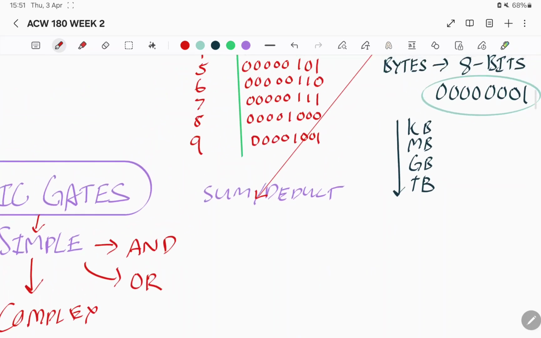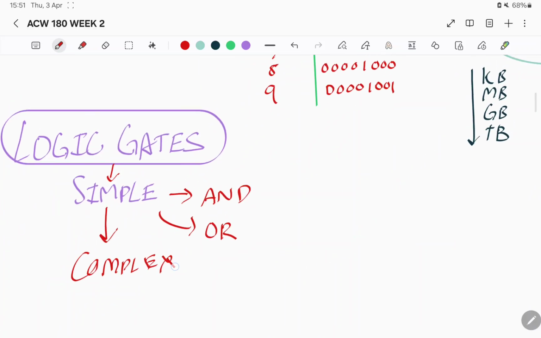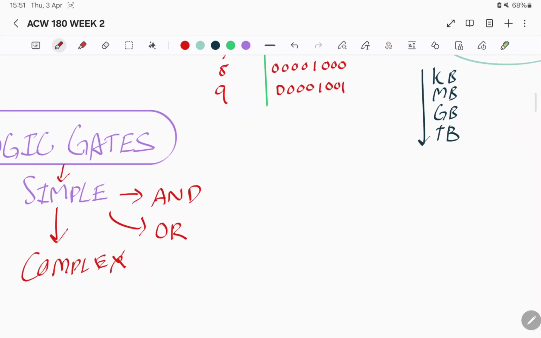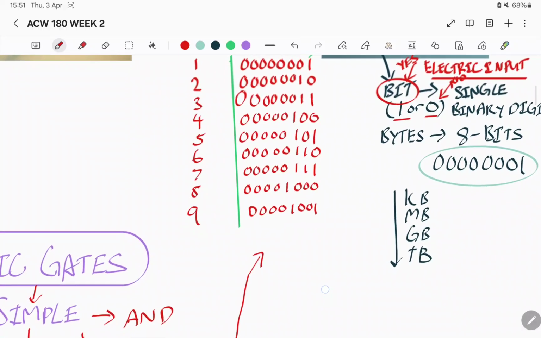The gates over here will form a complex combination. That's how it would form these codes over here.